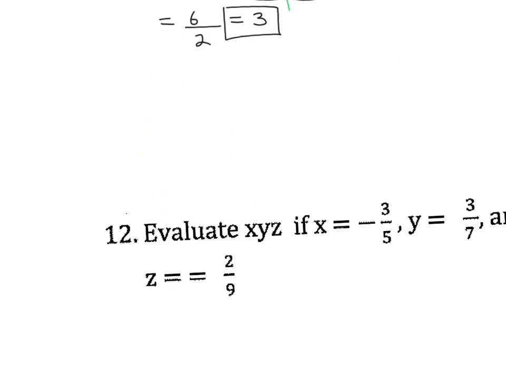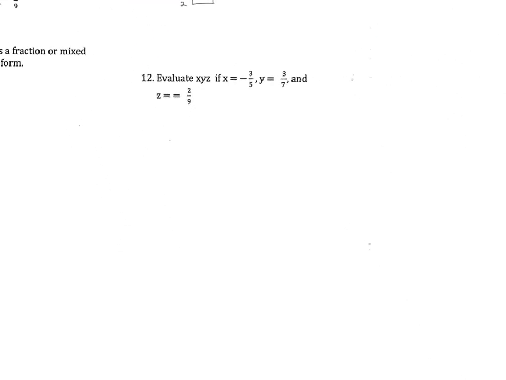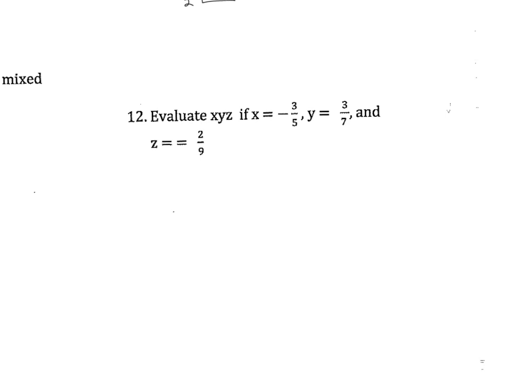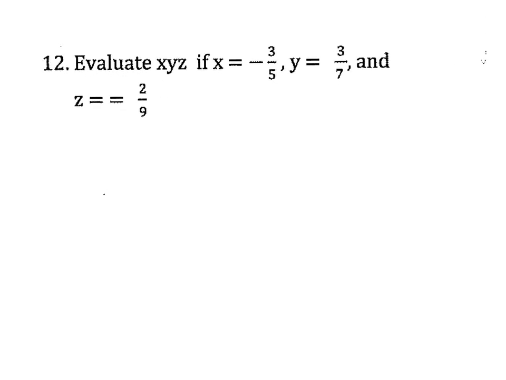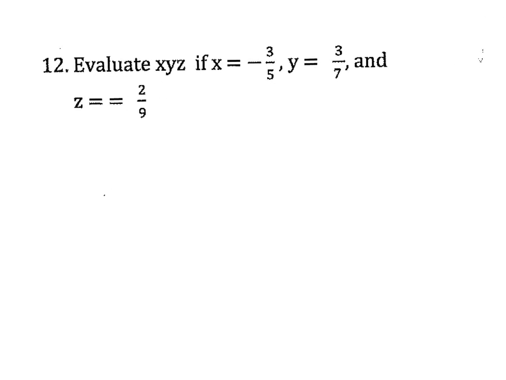All right, number 12 says evaluate xyz if x equals negative 3/5, y is 3/7, and z is 2/9. So the first thing I'm going to do is I'm going to write out my expression, which is x times y times z. Now you'll notice that there are no times symbols in between the x and the y and the z, but that still means multiplication.